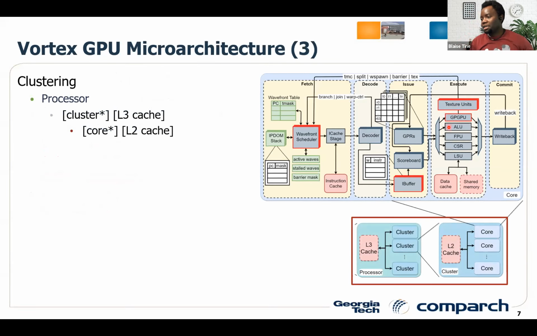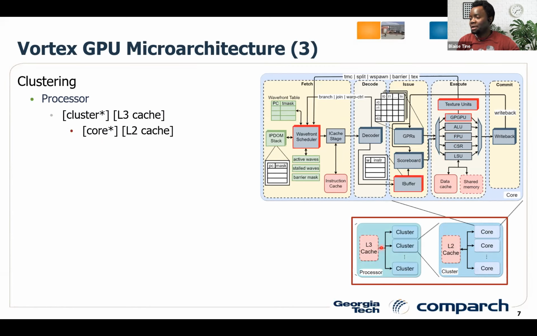The microarchitecture is scalable, so we are able to scale up to a high number of cores, and we have a hierarchical structure that allows us to group cores together into clusters. This allows us to actually support L2 and L3 caches.